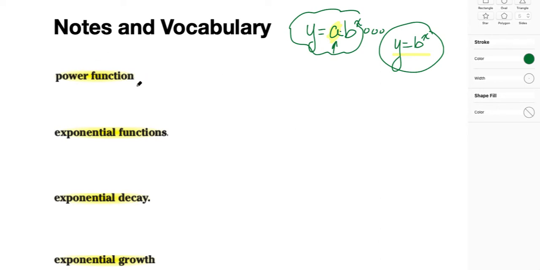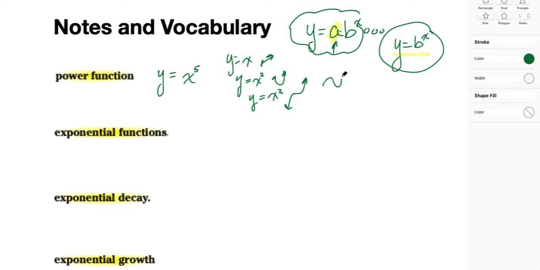So we're going to talk about power functions. A power function is when you have something like y equals x to a power, so x to the fifth. We've studied these when we're dealing with polynomials. We know y equals x is a line, y equals x squared is a parabola, and y equals x to the third power is going to be a swoop-de-loop. And then all of these will continue on this wavy pattern.